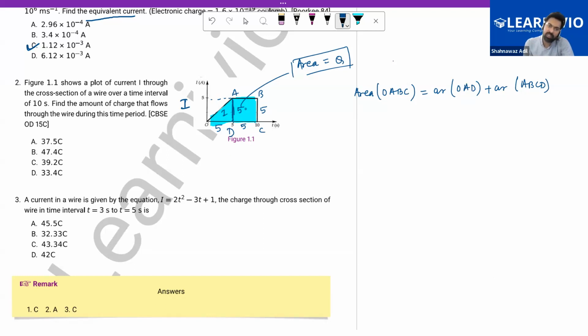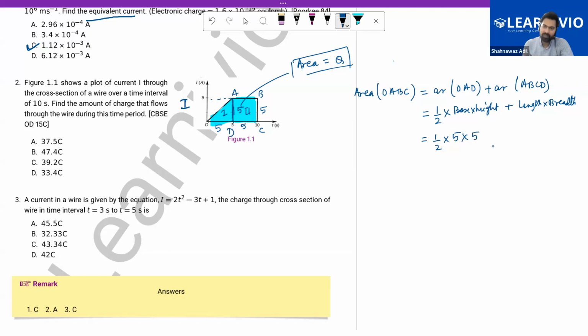We can divide it in two parts. Part 1 is a triangle, so area of triangle is half base into height. And this part is a rectangle, or a square also, so let's say it's a rectangle, and this would be length into breadth. The base for this triangle is 5, and height is also 5.